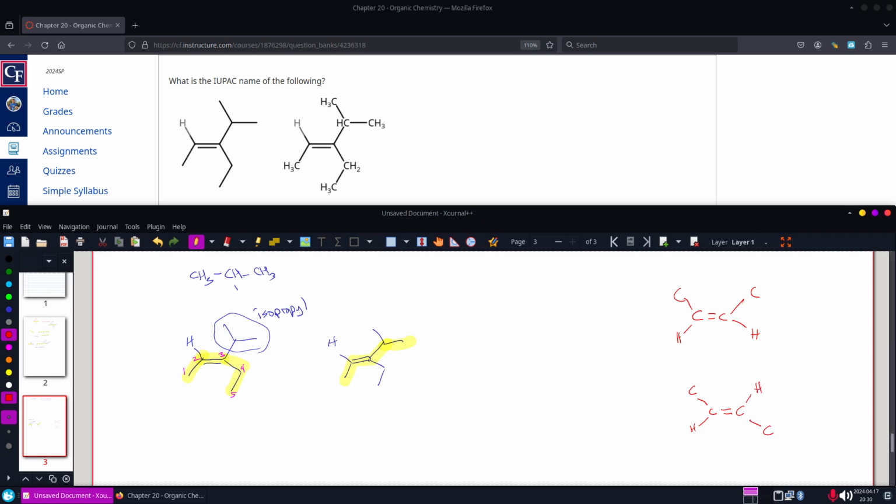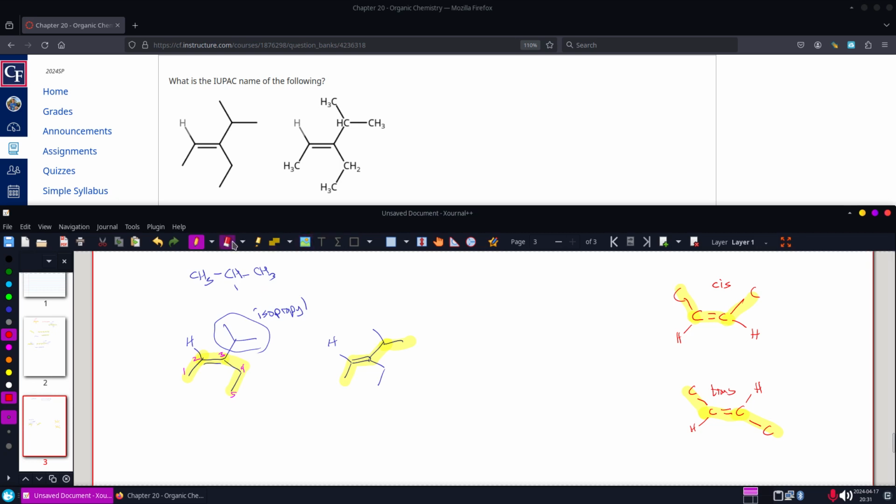Now it only applies right now for us to the actual carbon chains, but the neat thing is if the carbons are both up or both down, technically on the same side, you have what we call cis stereoisomer. And the other one, the zigzag, where one is up and one is down, is trans.